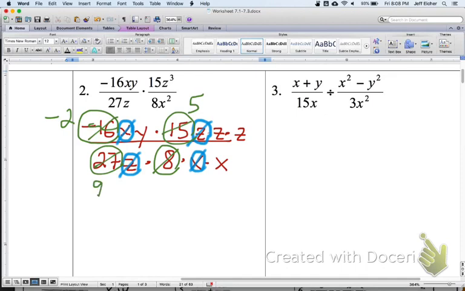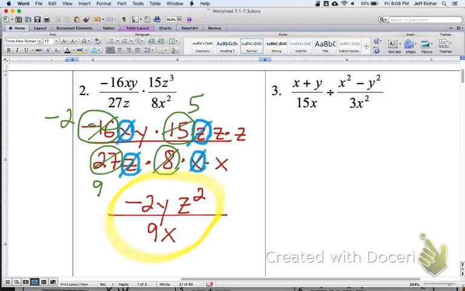So let me see what I have left. I have a negative 2yz squared in the numerator, and I have a 9x in the denominator. I don't see any more y's or x's or z factors, and 2 and 9 don't have any common factors. So this looks like it is our final answer.